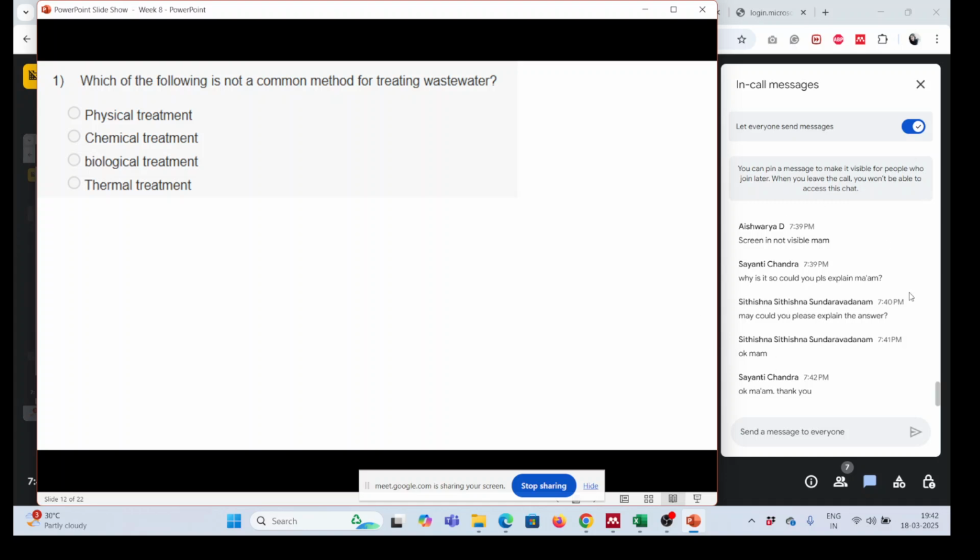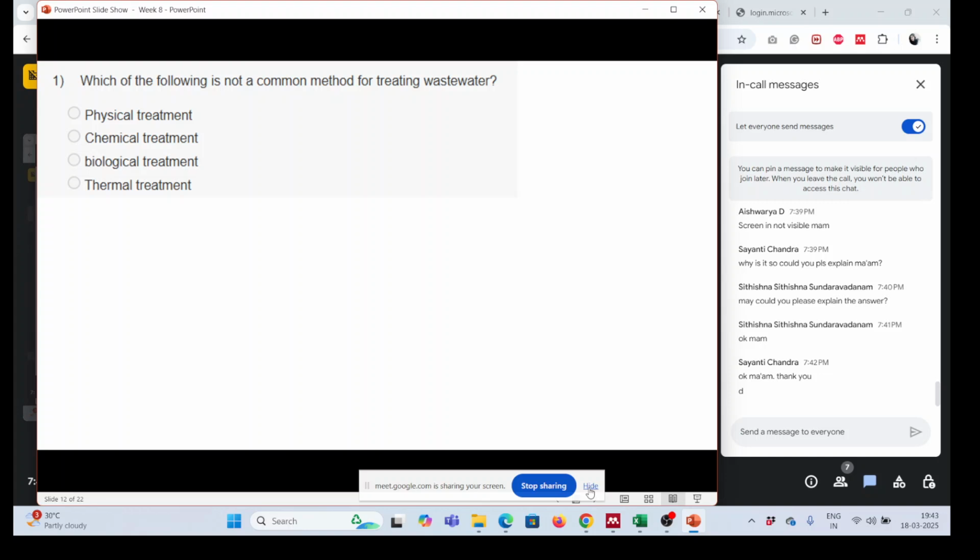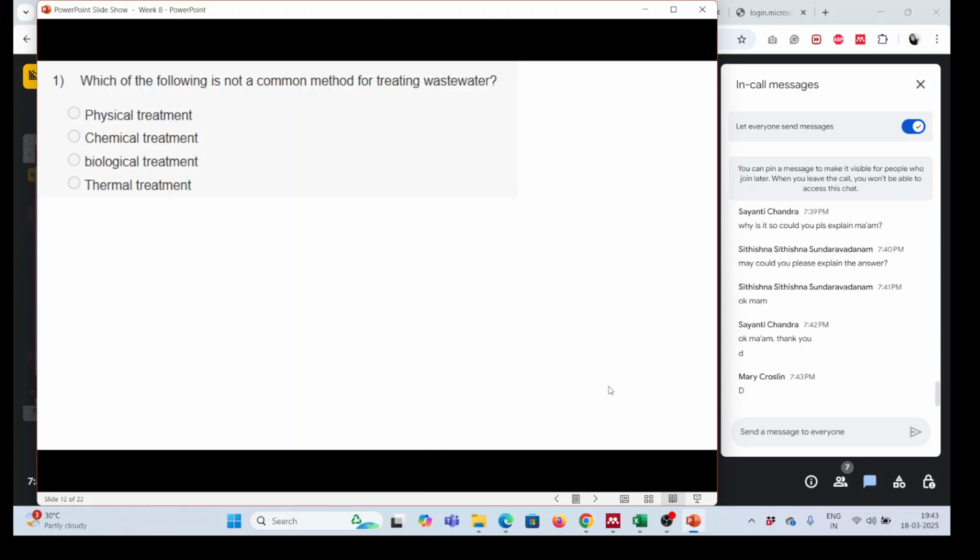Physical, chemical, biological or thermal? For treatment of what is the thermal method mostly used? If we want to treat something, if not water, then what? We can use thermal treatment.